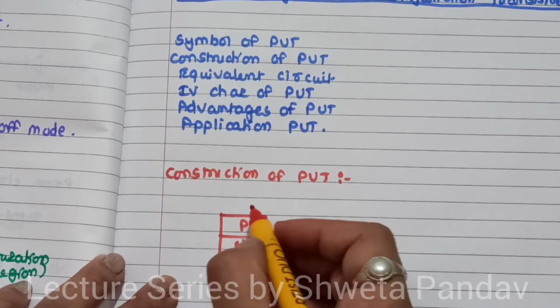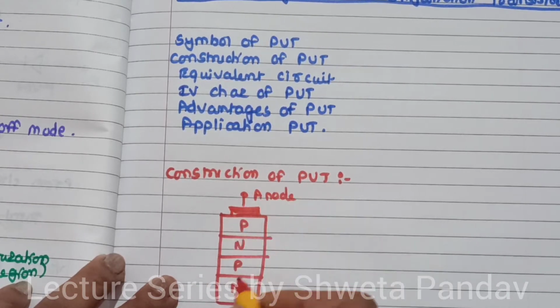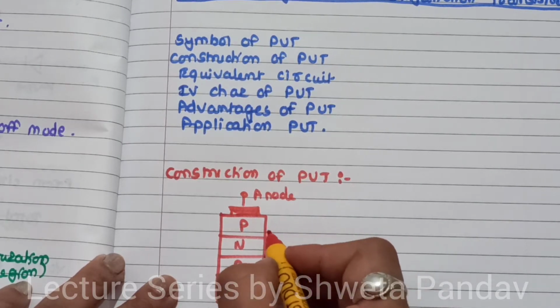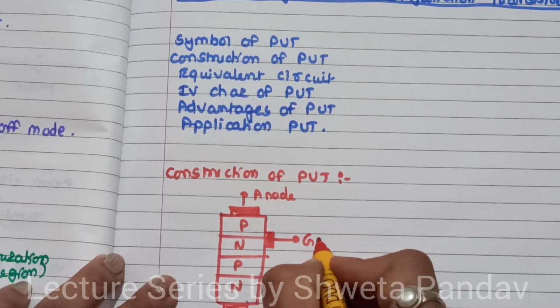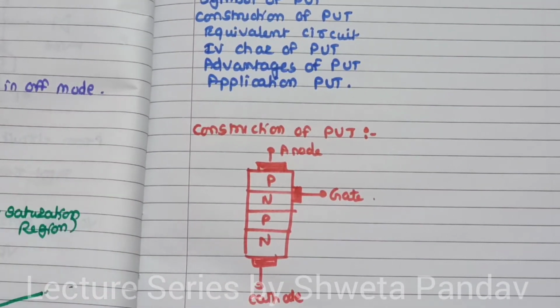It is also a PNPN structure. It has three terminals: anode, cathode and gate. Only one difference is there. The gate is near the anode in PUT, while gate is near the cathode in SCR.